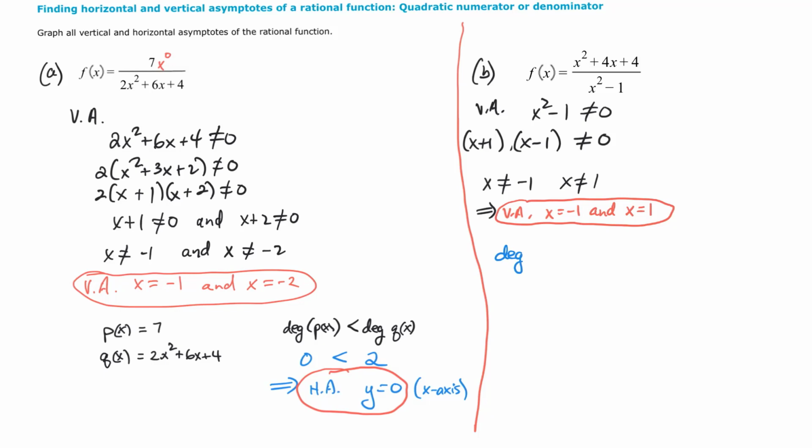Why don't we call the numerator n of x, and the name of the polynomial in the denominator is d of x.